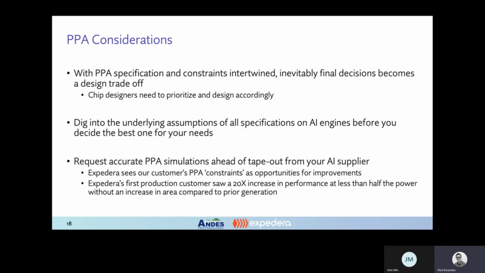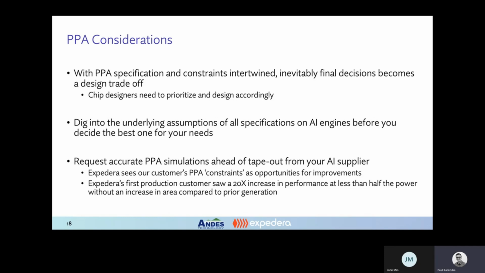And what I mean by that is an AI supplier should be able to tell you this is what your power, your performance and your area is going to look like given your neural network models and what your targets are. And if I may, Expedera sees our customers' PPA constraints as opportunities for improvement. Our first production customer, which we announced in the early part of March of 2022, saw a 20x increase in performance at less than half the power consumption without an increase in area compared to their prior generation AI solution.